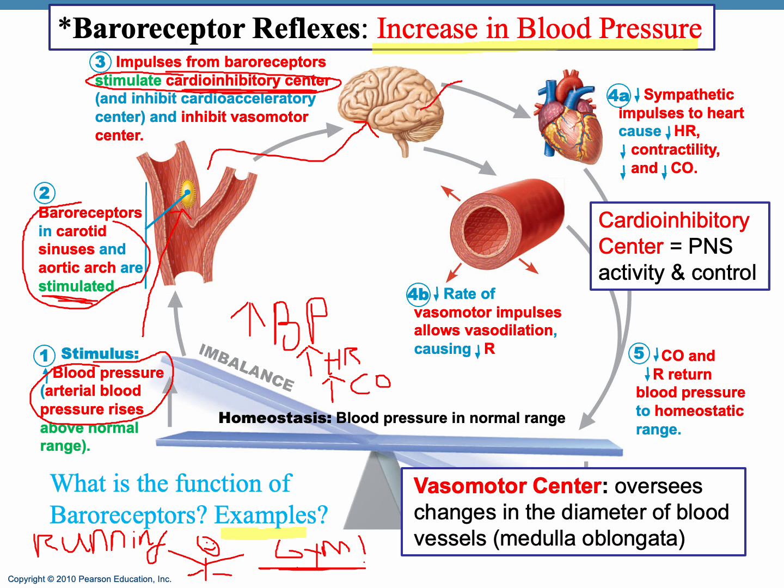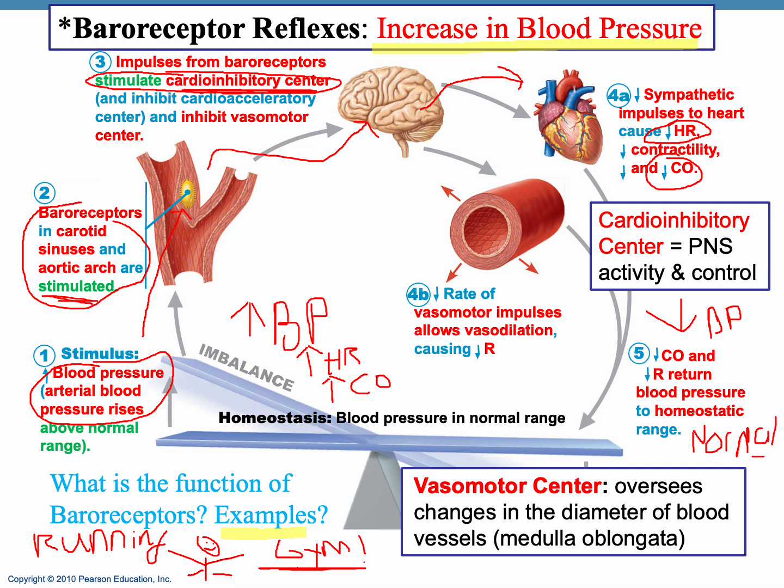Then messages sent away from the brain eventually lead to a decrease in heart rate, decrease in cardiac output, ultimately a decrease in blood pressure, and you're back to normal. This happens after you exercise.